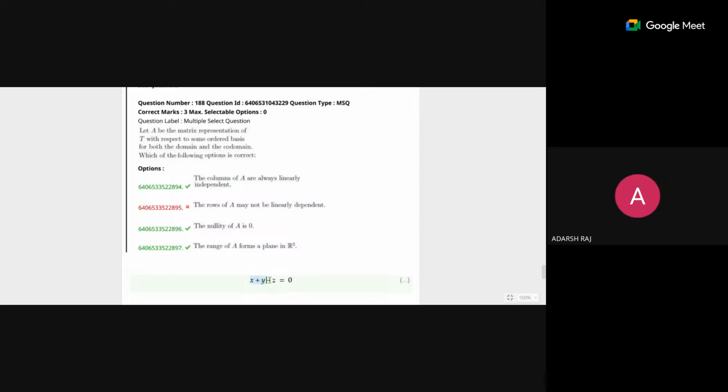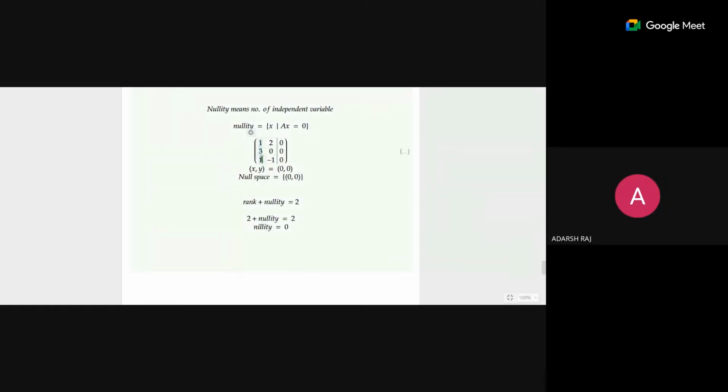For spanning any plane in R3, we need two linearly independent vectors. So the range of A is the span of two independent vectors. The span of these two vectors will be a plane in R3, right?